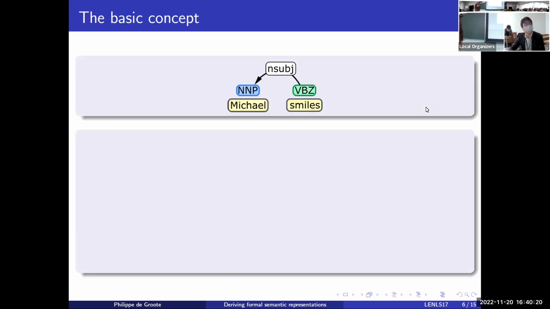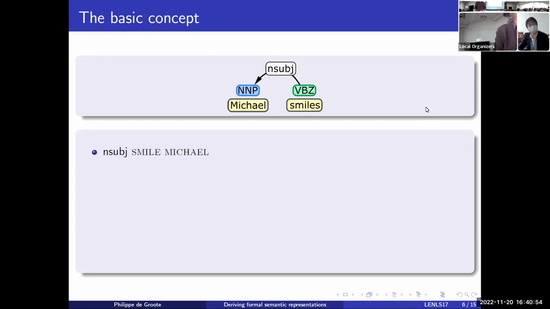So the simple idea is the following. If we consider that the dependency is after all a relation between two things, there is a way of presenting such a relation as a function that takes two arguments and gives a truth value.